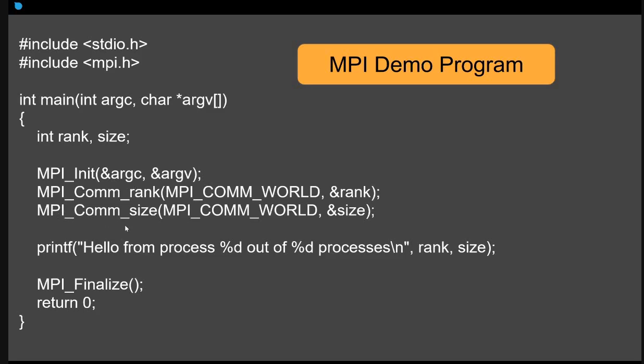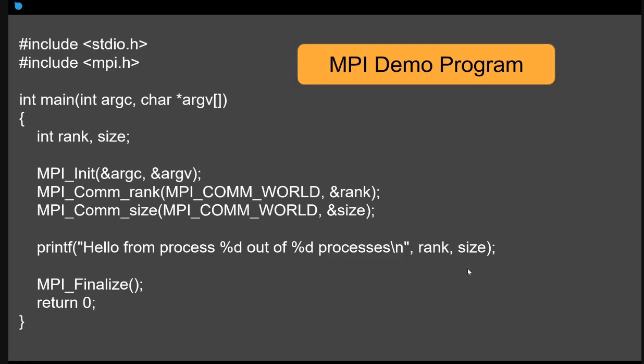By size I mean the number of processes that were initiated. And similarly, COMM_WORLD means I want the size of the entire world, not a single community. And I'm storing the values in the size variable.